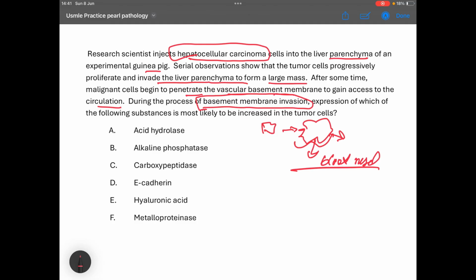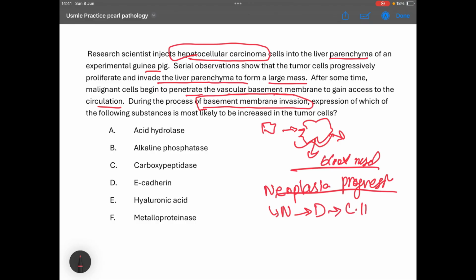If you remember neoplasia progression, we have the normal cell, then after a stimulus dysplasia, after dysplasia carcinoma in situ, and after that invasive carcinoma.